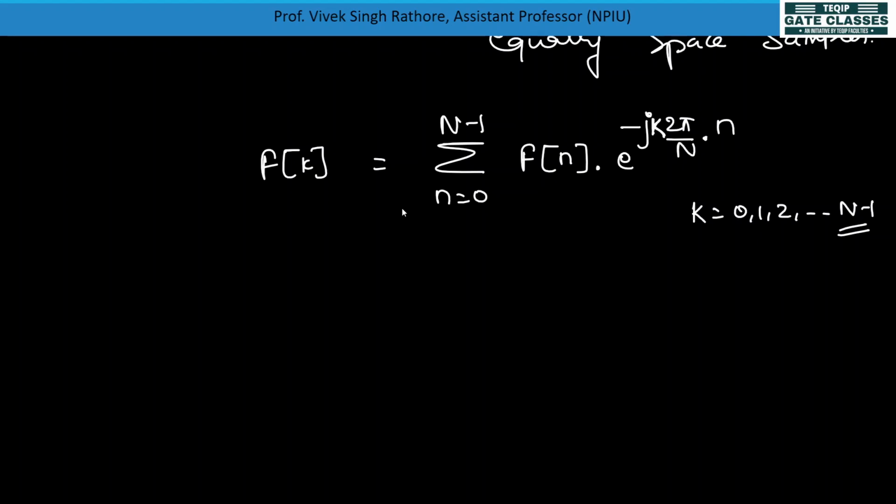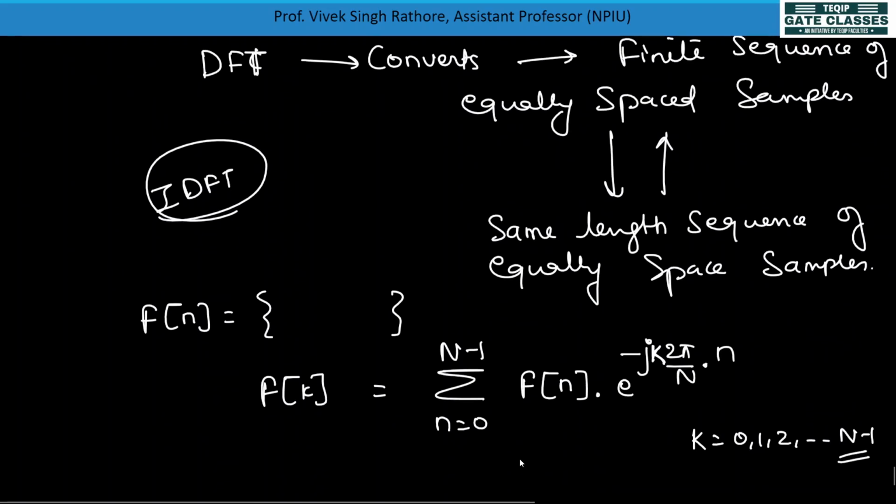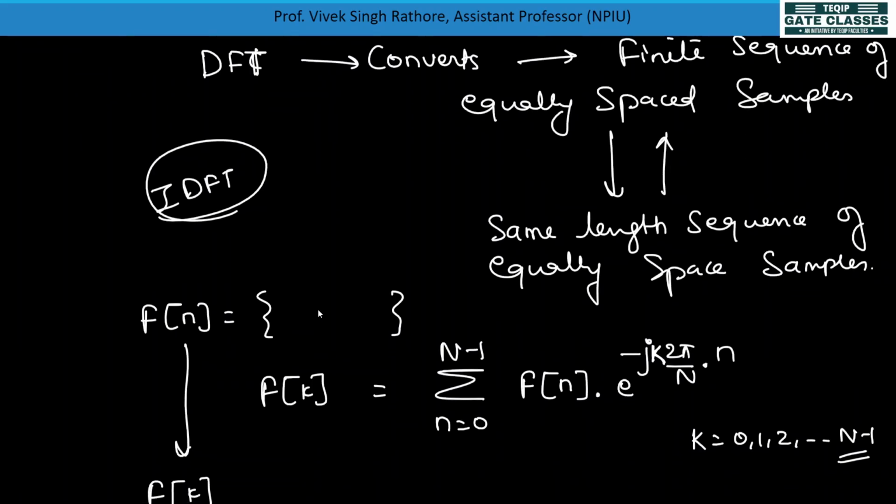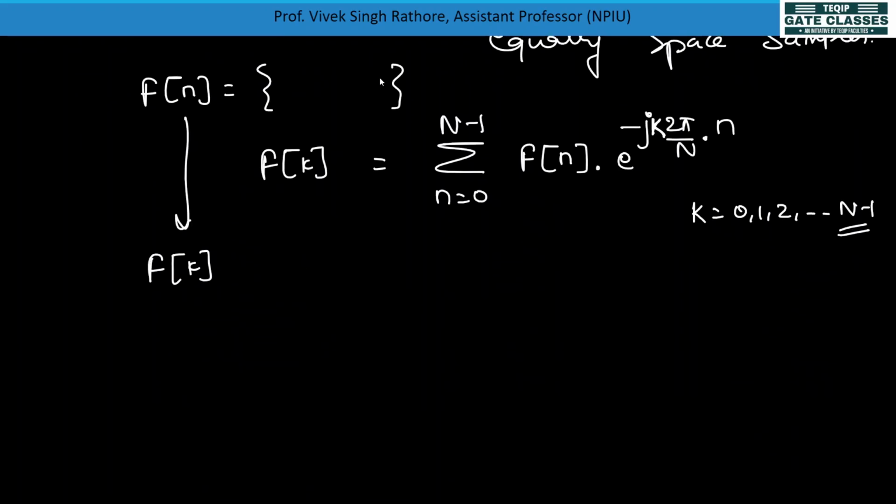So this is the formula. Your f of n is given in your question. It is a finite sequence of equally spaced samples. We will transform this f of n into f of k, which will also be a same length sequence.